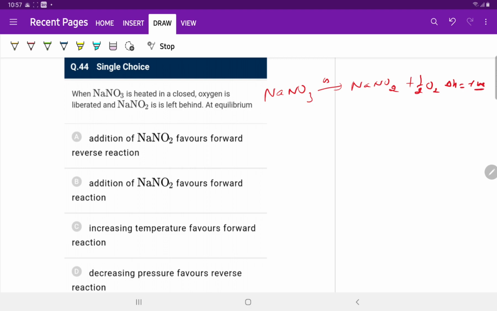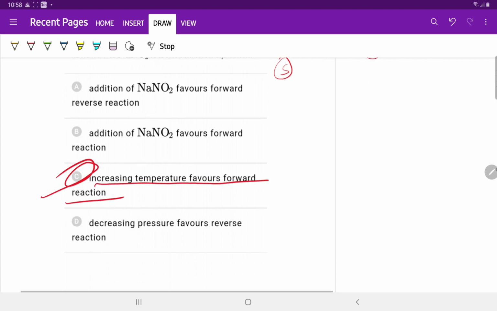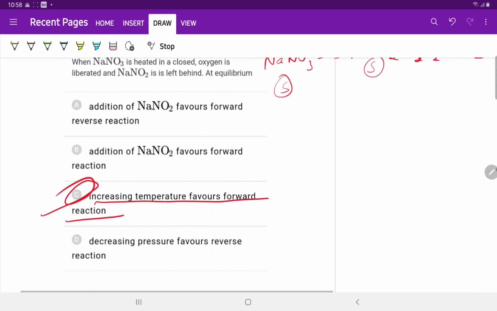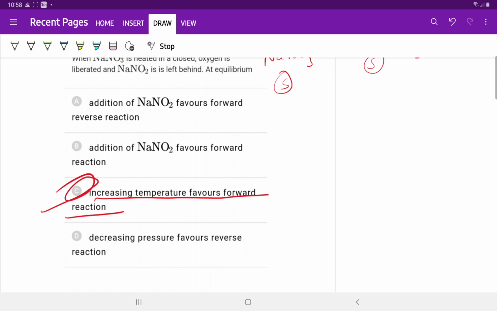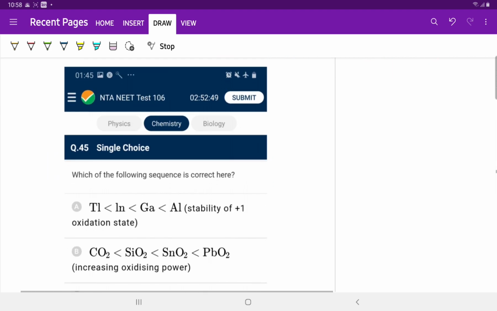Okay, the reaction is endothermic in nature. So increasing temperature favors the forward reaction. Option C is correct. Addition of NaNO2 favors the reverse reaction? NaNO2 and NaNO3 are both present in solid state. There is no effect on equilibrium. Decreasing pressure favors the reverse reaction? No. Decreasing pressure favors the forward reaction. So option C is correct.